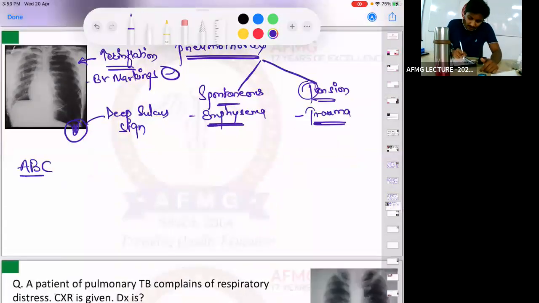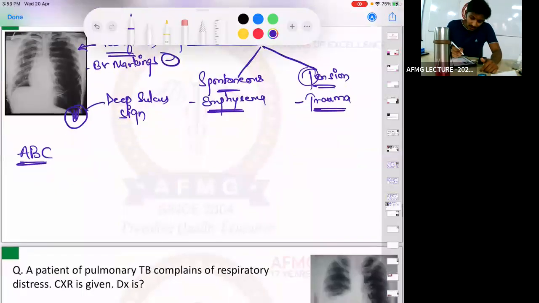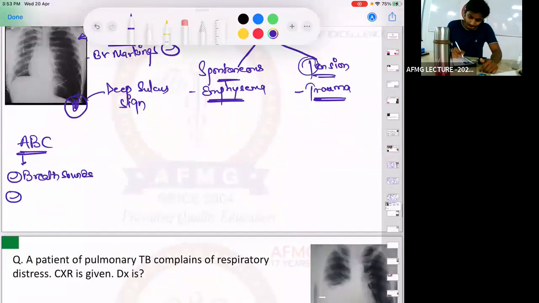For pneumothorax, I have given the mnemonic last time. It is ABC for symptoms. A for absent breath sounds, and there will be absence of air entry.